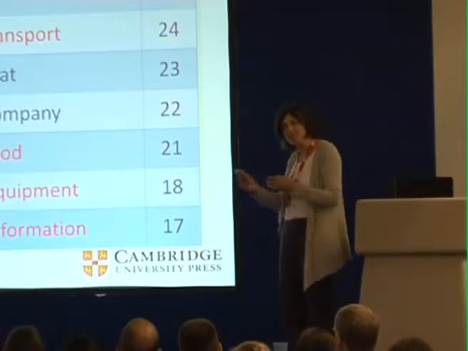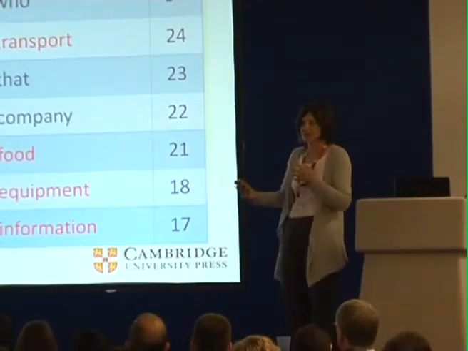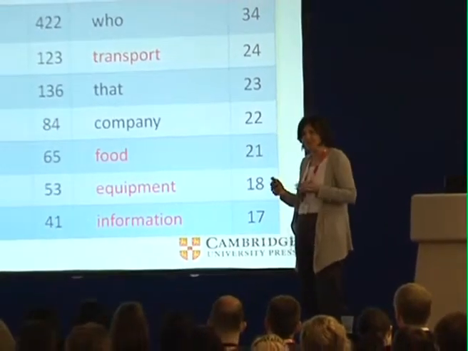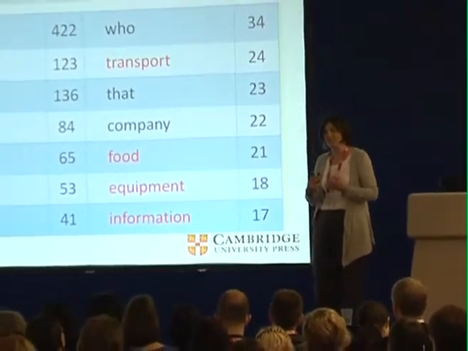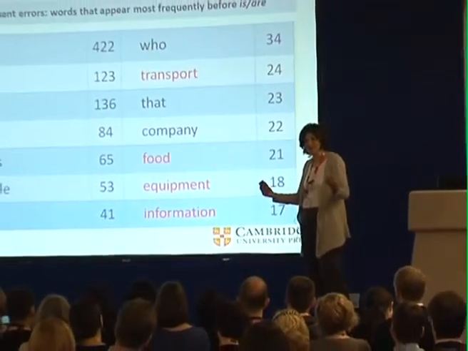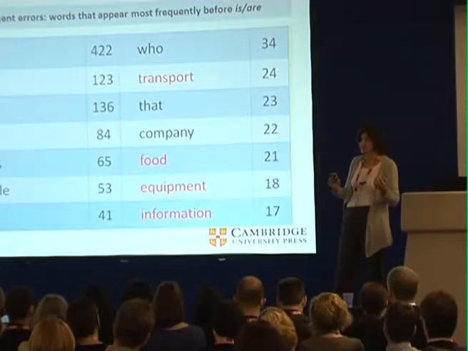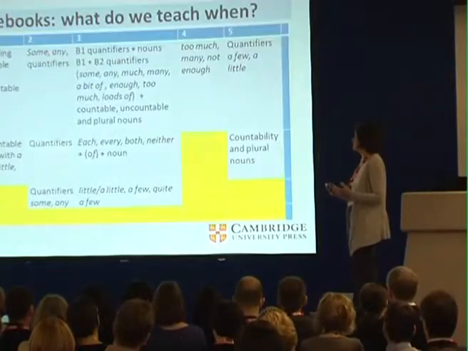So we've got a trade-off really going on here. We've got the errors with uncountable nouns, but we've also got those errors introducing other errors. So not only do we look at the words themselves, we also need to look at the grammar around them. We can't just look at the words in isolation.